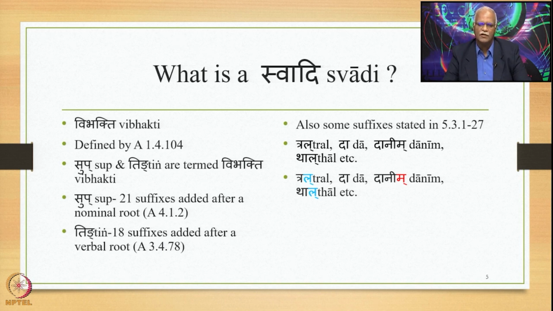This is stated by 3.4.78. They are all referred to as Swadi, even though Vibhakti also means some other suffixes in 1.4.104 and 5.3.27. By Swadi, sup and ting are meant.